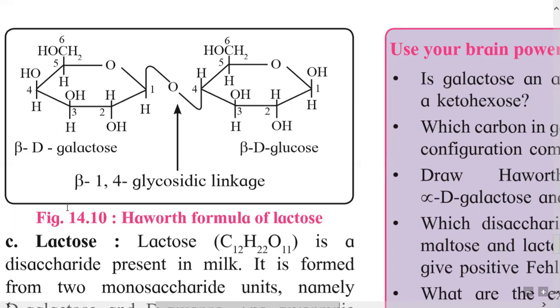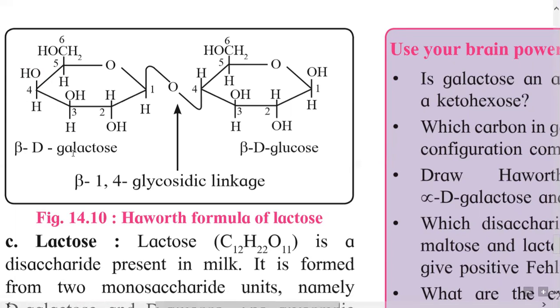Here the OH group is above the ring at first carbon, so both structures are beta structures. Here the first one is galactose because fourth carbon OH is above the ring, and in glucose fourth carbon OH is below the ring. That is the only difference between galactose and glucose.